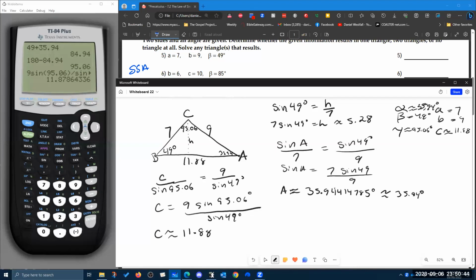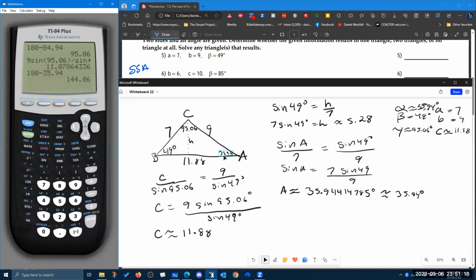It may have been obtuse, greater than 90 degrees. So if this were a reference angle here in quadrant 2, since sine is also positive in quadrant 2, what's 180 minus 35.94?